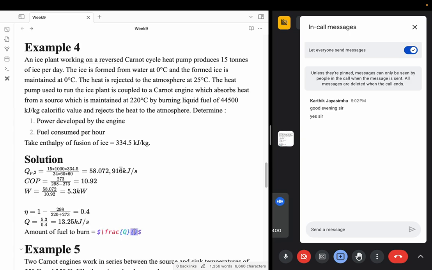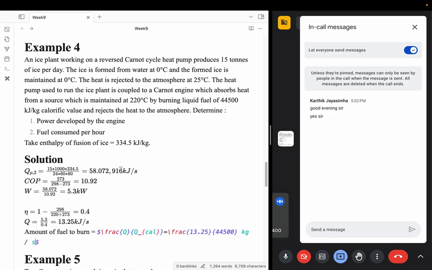It is basically the Q divided by your calorific value. The calorific value is 44,500 kilojoule per kg. So this will give you the answer in terms of kg per second.